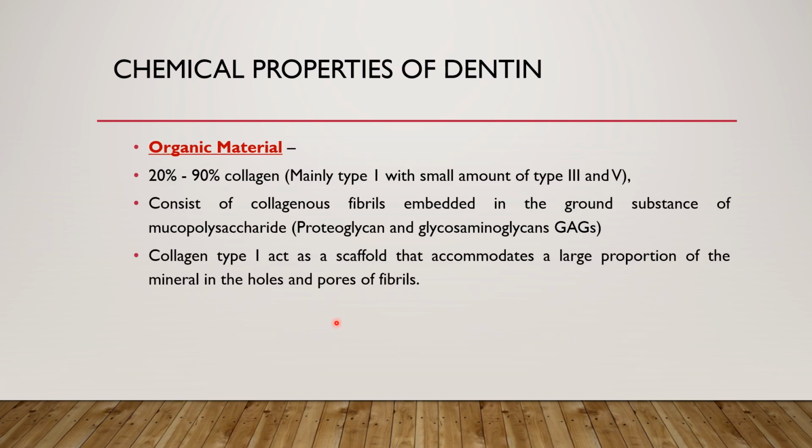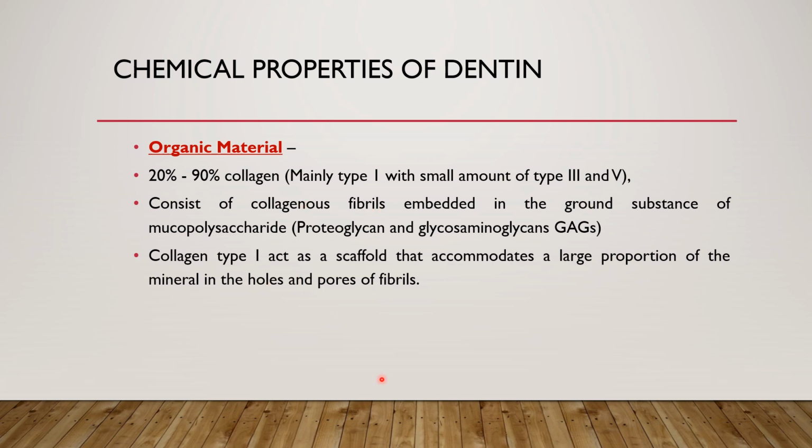In case of organic material, it constitutes 20 to 90% collagen, mainly type 1 collagen. Type 1 collagen is the principal collagen, with a small amount of type 3 and type 5 collagen. So it consists of collagenous fibrils embedded within the ground substance. Now, ground substance is made up of mucopolysaccharide.